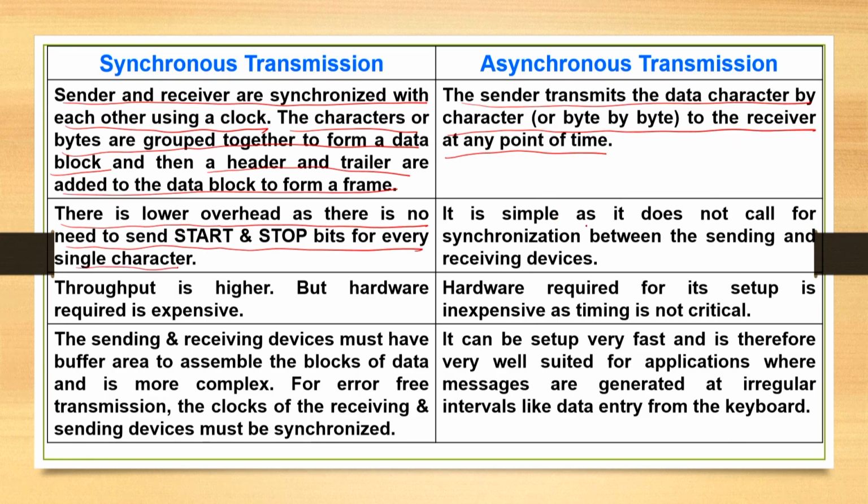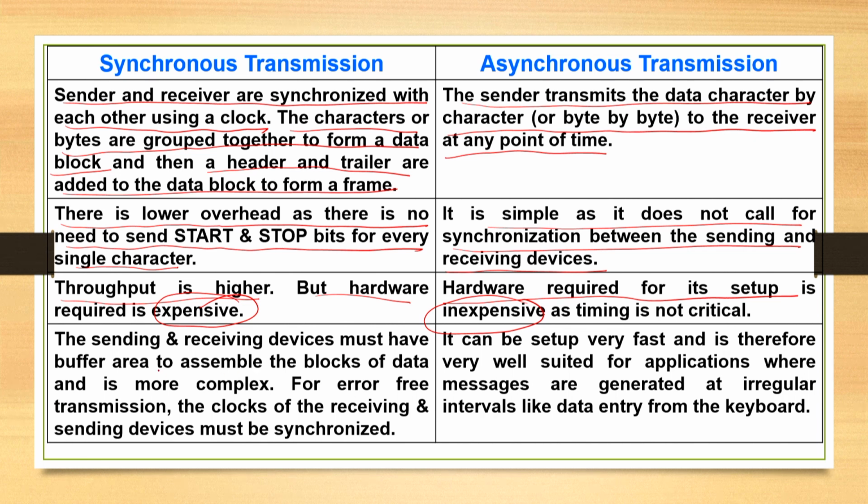Whereas asynchronous is simple as it does not call for synchronization between the sending and receiving devices, but it has start and stop bits associated with the data. In synchronous, throughput is higher, but the hardware required is expensive. In asynchronous, the hardware required for its setup is inexpensive as timing is not critical.